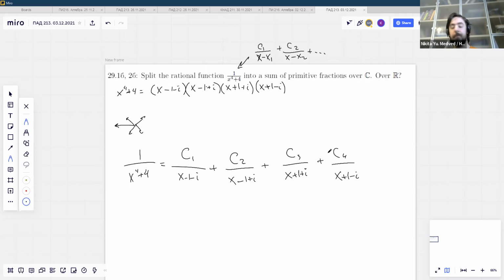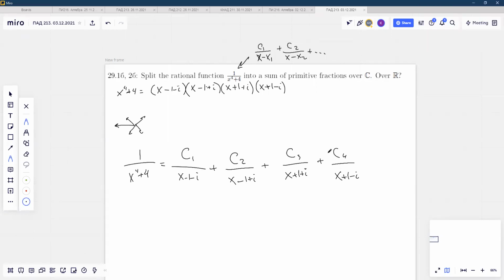How to do that? We know two approaches. Anyone? No?